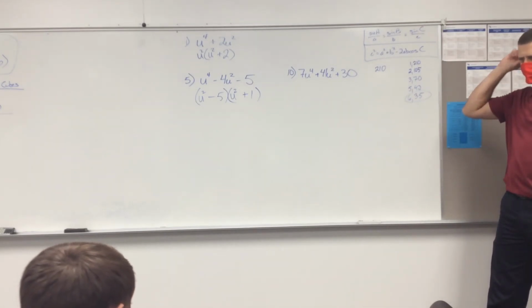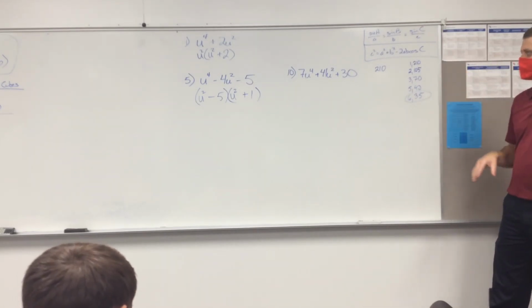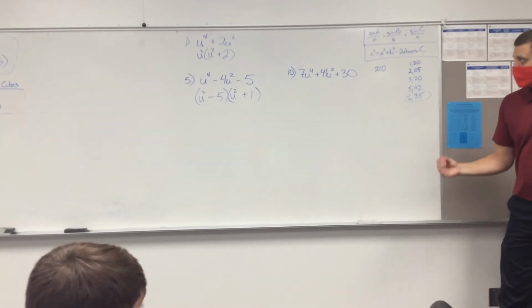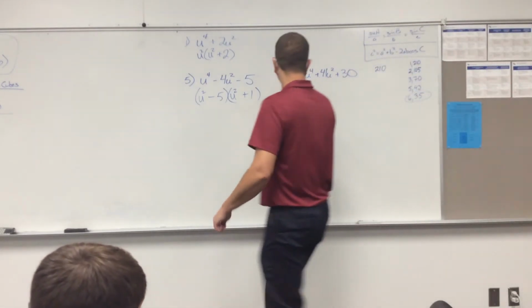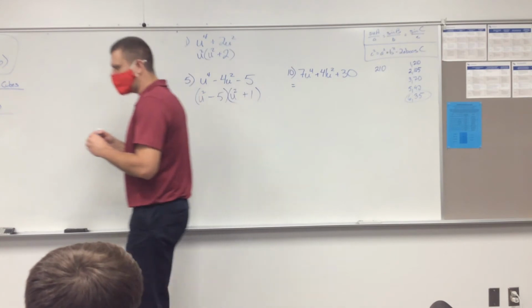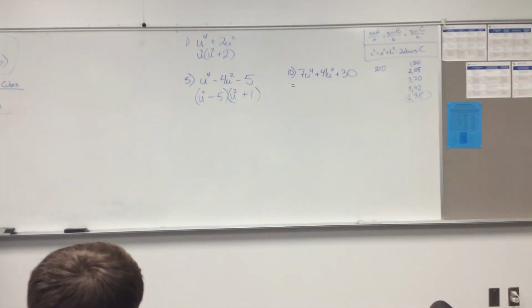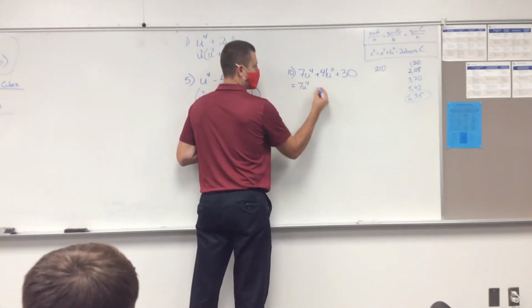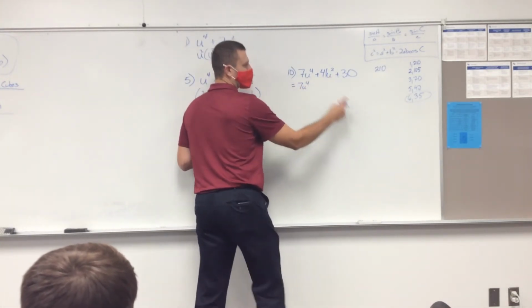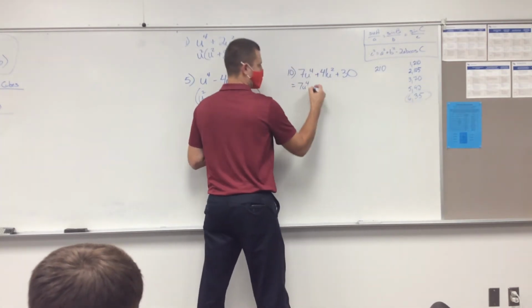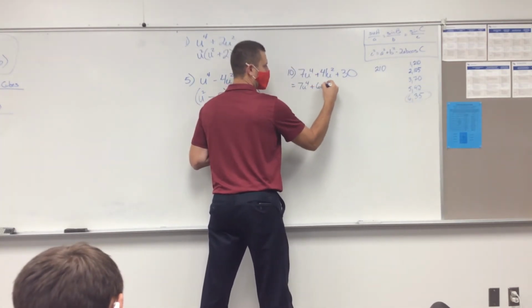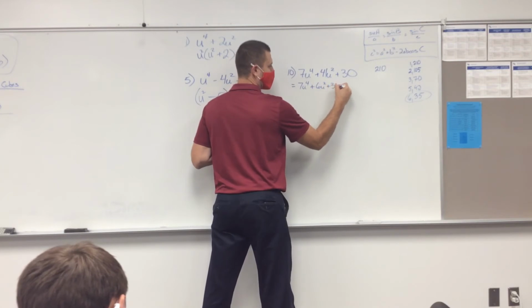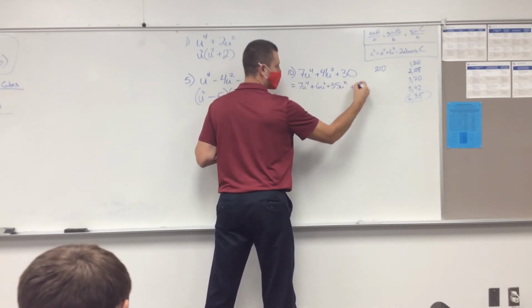Any questions on that so far? So here's what I do next. I rewrite the original polynomial, but I rewrite it with 4 terms instead of 3. I rewrite the 41u squared as 6u squared plus 35u squared.